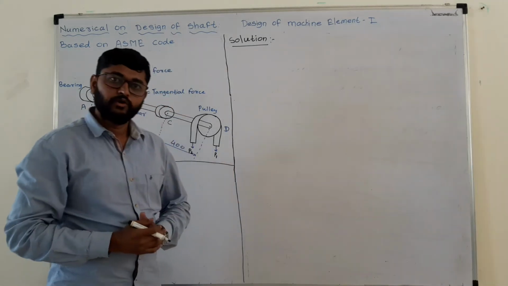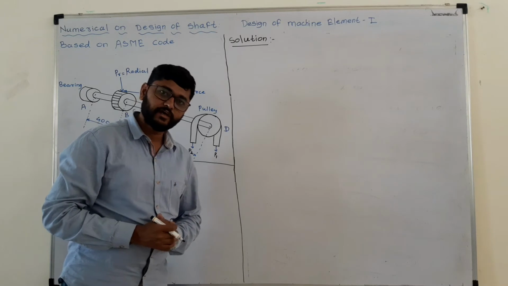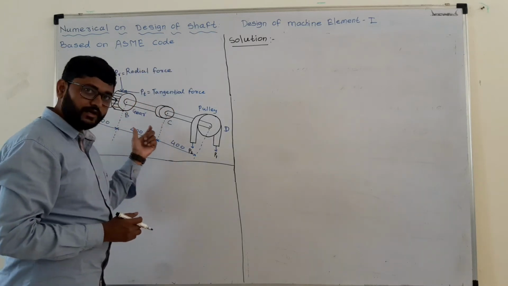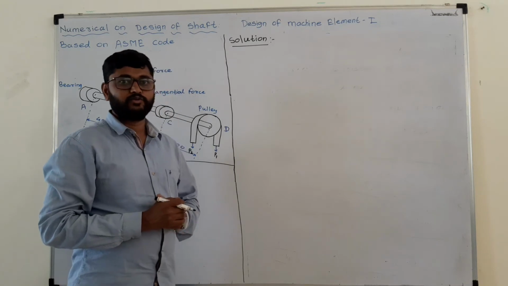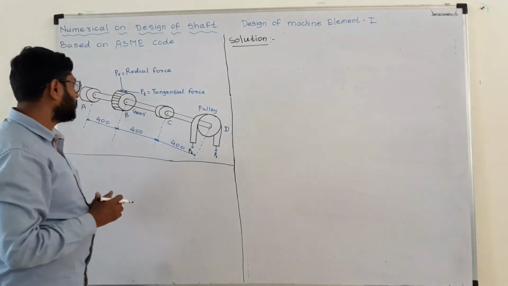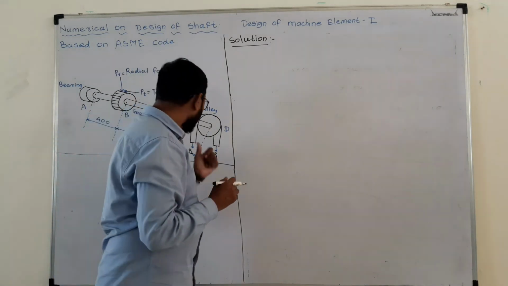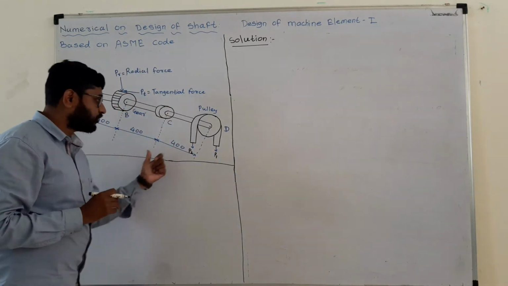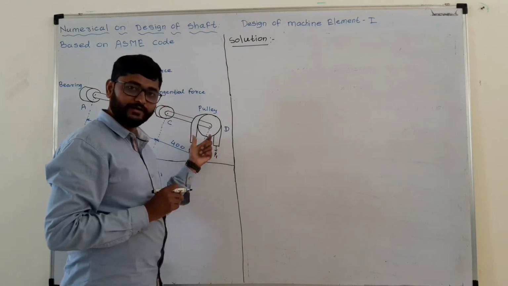So next we found the forces on the gear and pulley, and also the torsional moment and the forces acting on them. So the next step is to find the total tension on pulley D.